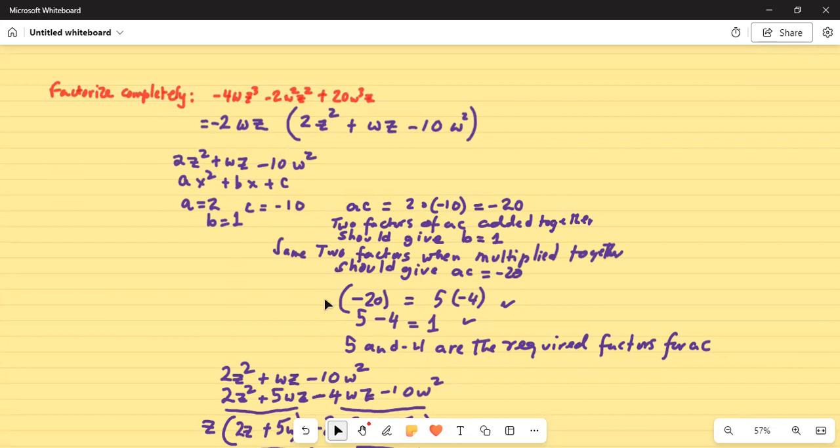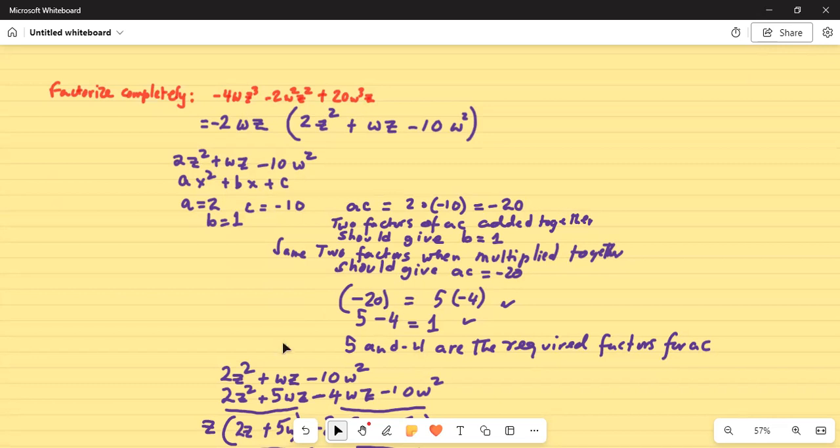The lowest power of w is w, so you take w outside. Then the lowest power of z is z in the third term. Therefore, you took out -2wz outside the parenthesis, as if you divided the entire expression by -2wz, and you are left with 2z square plus wz minus 10w square.